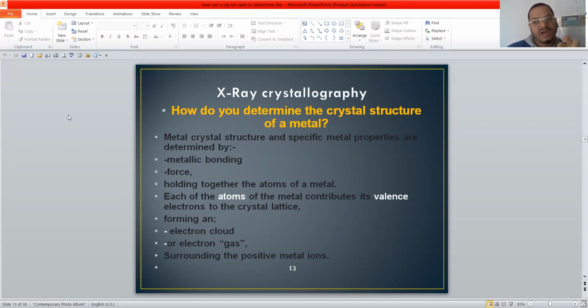The positive metal ions will be in the middle, and the electron cloud or gas will be around these positive metal ions. These atoms contribute valence electrons to the crystal lattice, so we have an electron cloud around the positive metal ions.